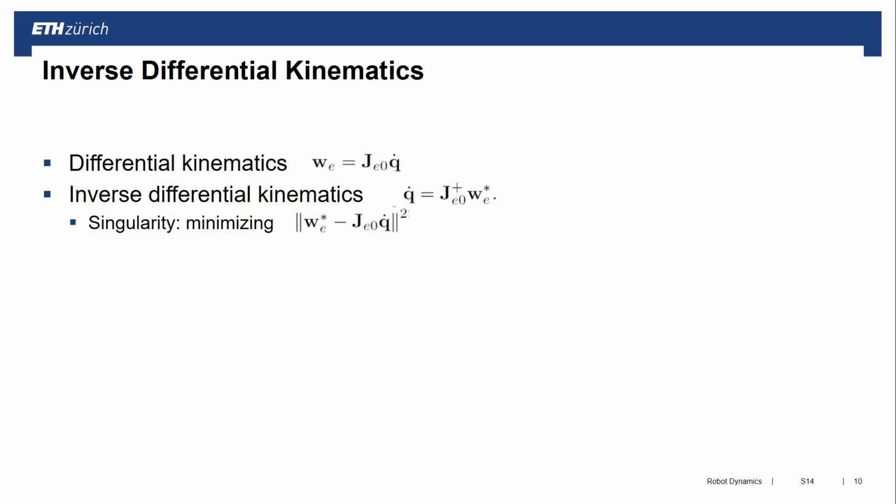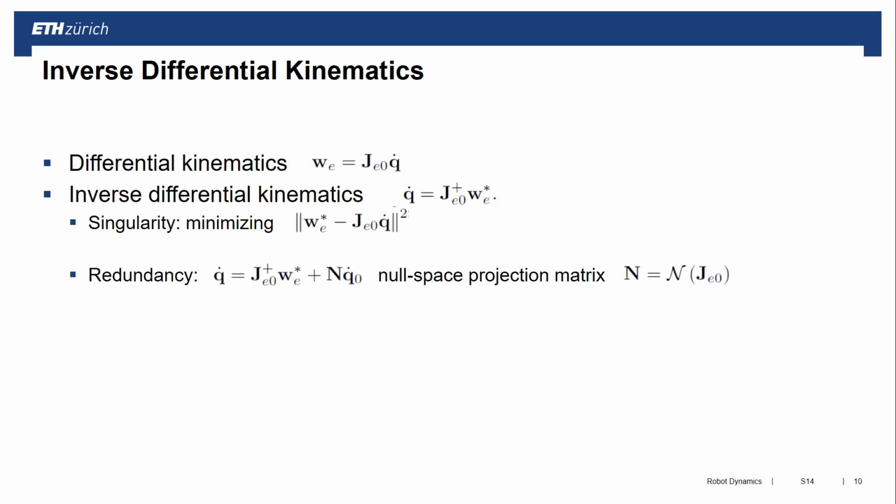The other thing we looked at was redundancy. So if I have too many degrees of freedom in my joints in order to fulfill a certain task at my end effector, I have multiple solutions that fulfill it. So what we looked at here is how can we now exploit these multiple solutions? If I take just a pseudo inversion, what that gives me is the least square minimal Q dot that makes sure that I'm tracking my desired end effector velocity.